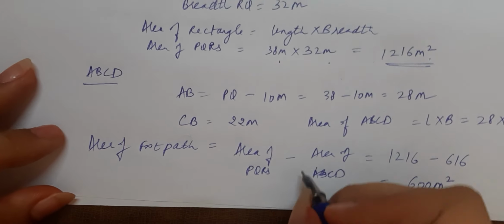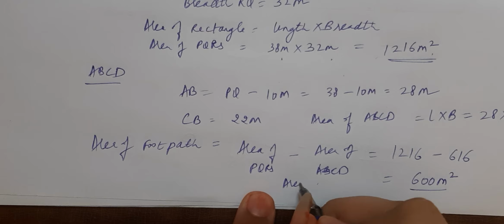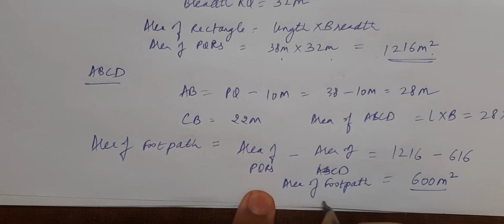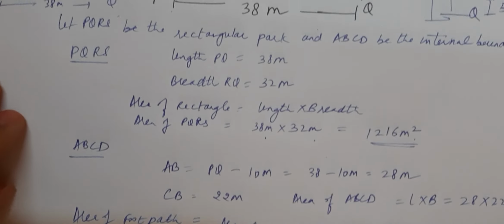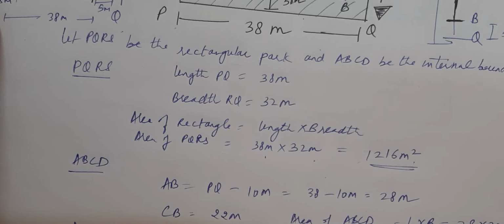So the area of the footpath is 600 meter square. I hope you all are able to understand this type of question and able to solve such questions. Thank you.